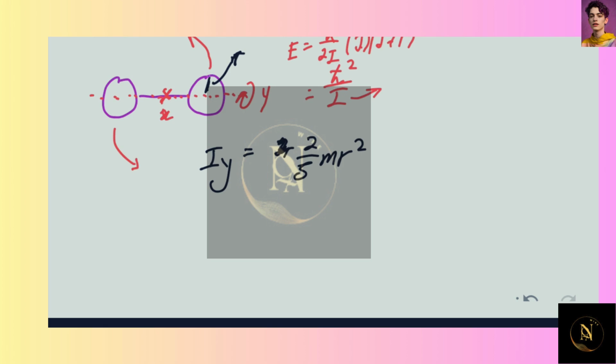Now this is for one of the spheres, and for the other, we add them together, assuming they have the same masses. So this is 4/5 m r squared.